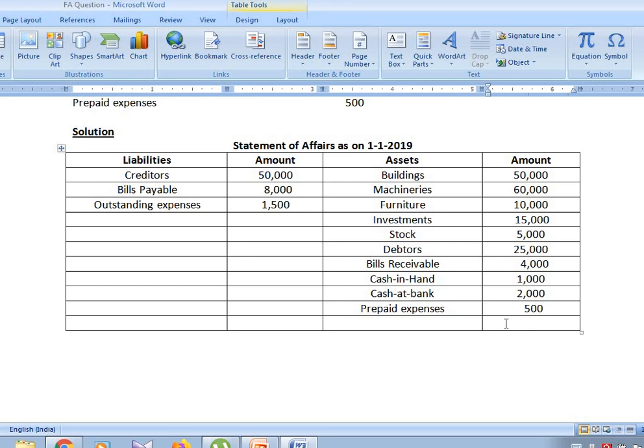The total comes down to 1,72,500. The same over here, 1,72,500.